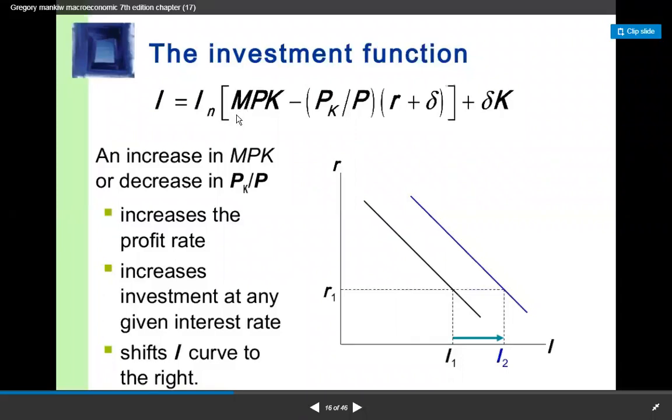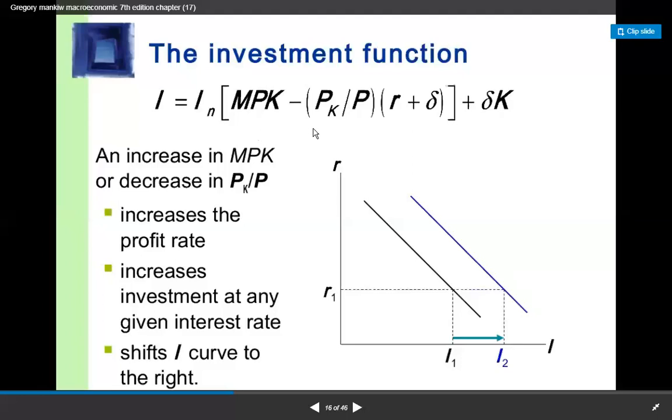Now let's see one option. Let's say marginal product of capital increases. Then जब marginal product of capital increase होगा बेटा, then profit rate will go up. When profit rate goes up, with no change in interest rate, so at a given interest rate, as marginal product of capital increases, profit rate rises.